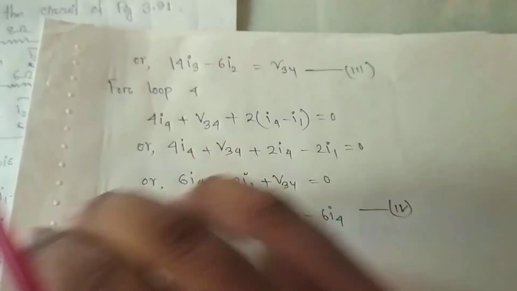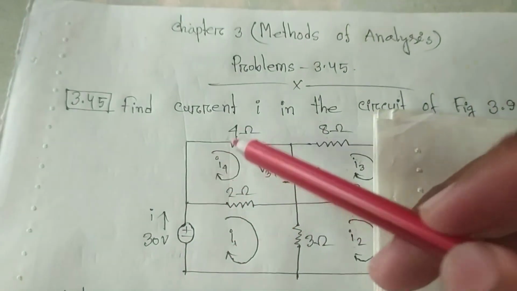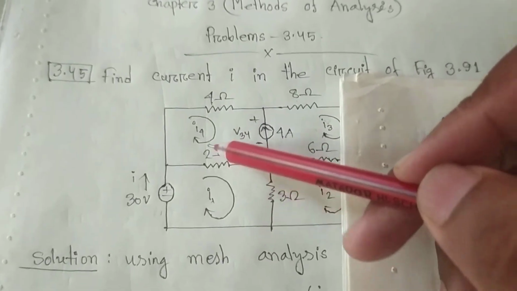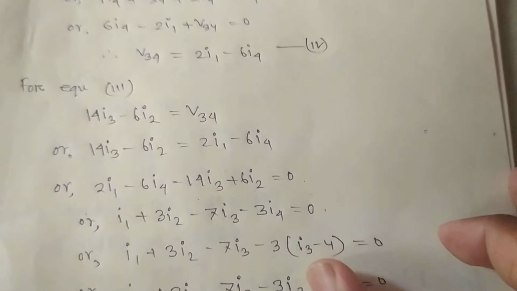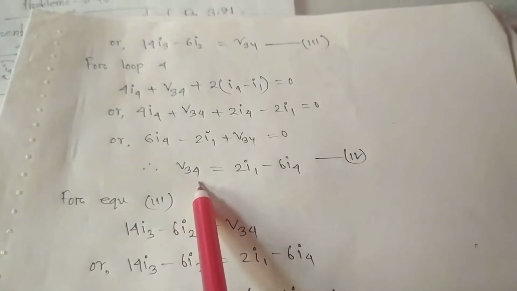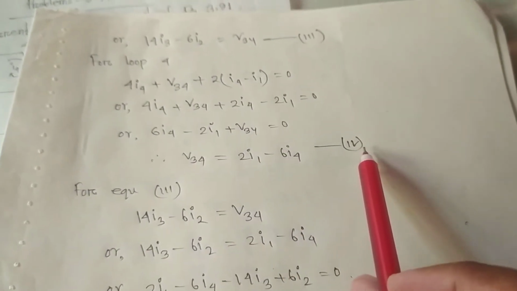For loop 4, again 4 I4 plus V34 plus 2(I4 minus I1). Easily calculate that V34 equals 2 I1 minus 6 I4, equation 4.